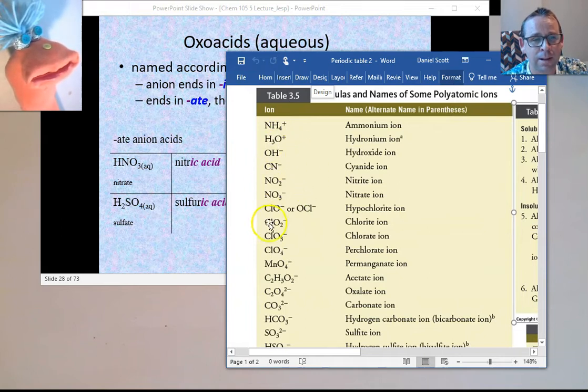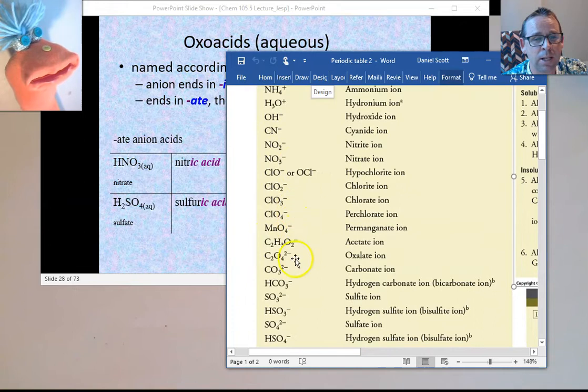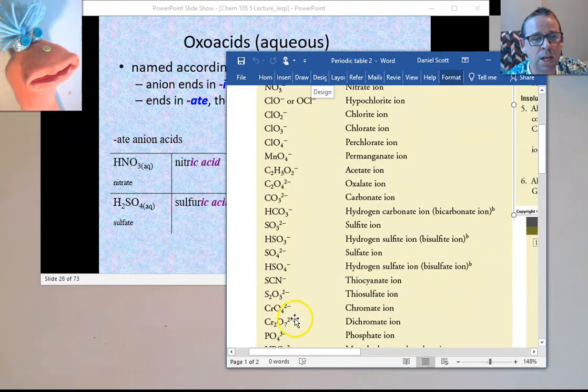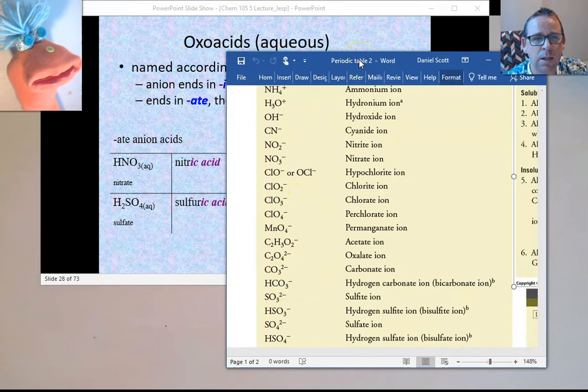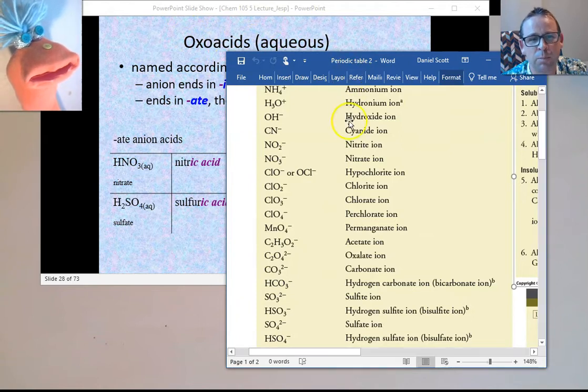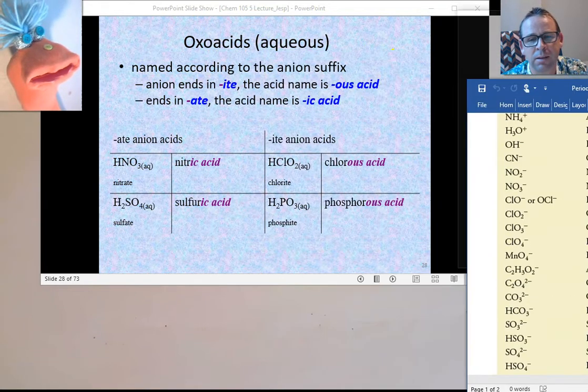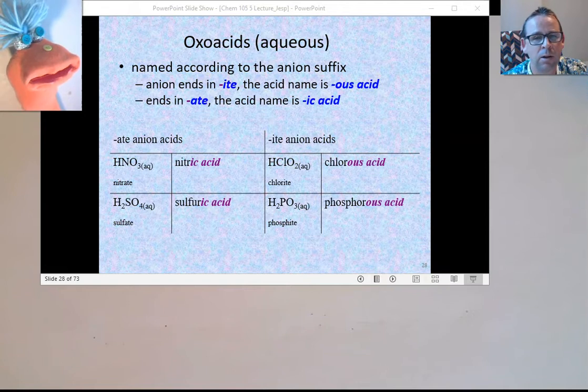So any polyatomic ion that is an anion, with -1, -2, or -3 charges, if you give it the appropriate number of hydrogen ions, whatever the charge is, it can become an acid. And that's what our oxoacids are, and that's also how we name them, based on the polyatomic ion that they are made of.